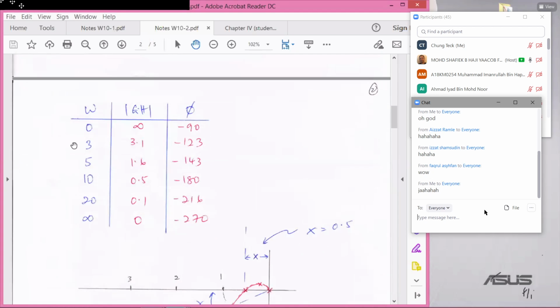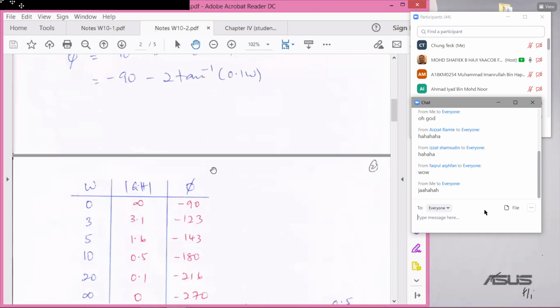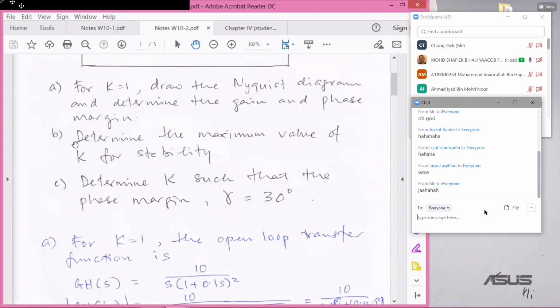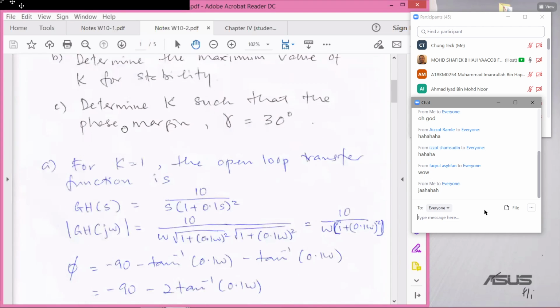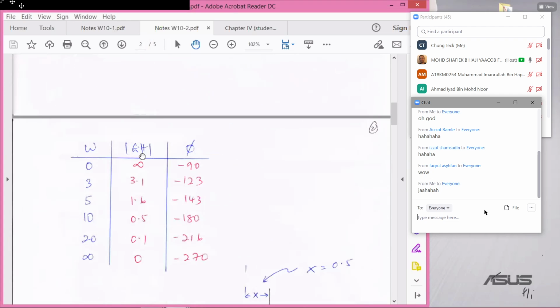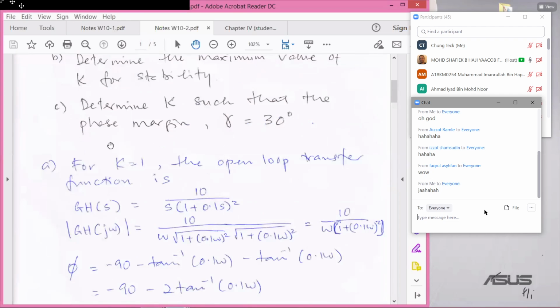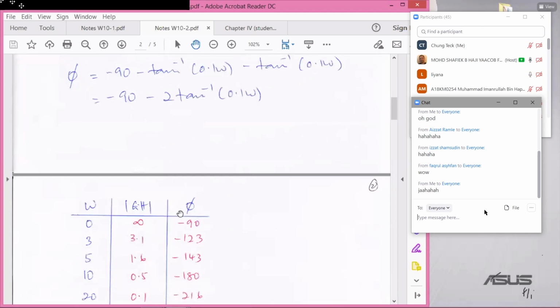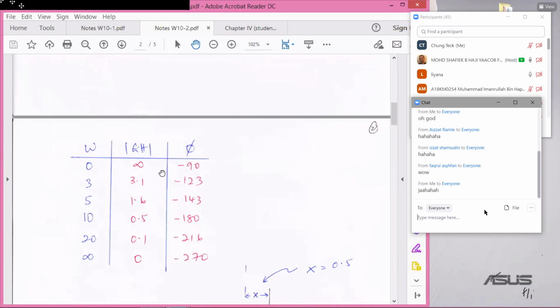So when you increase the value of K, all you do is multiply this magnitude. The phase angle is not going to change when you change the value of K. So this is for a value of K equal to 1. When your K is equal to 2, you just multiply the whole thing by 2, the magnitude by 2, but the phase angle stays the same.